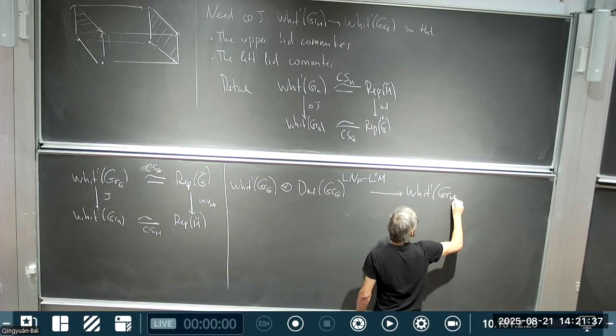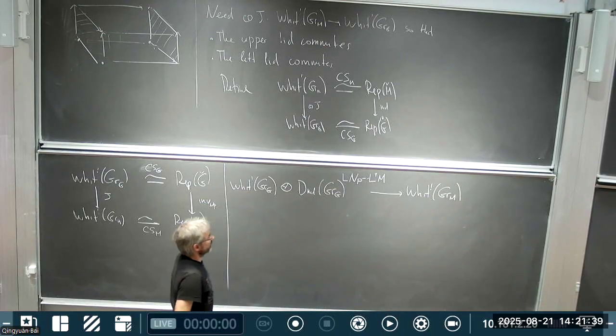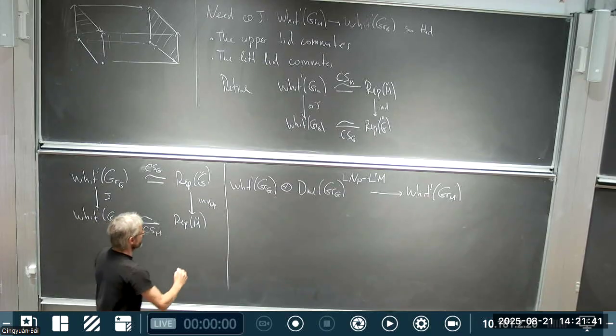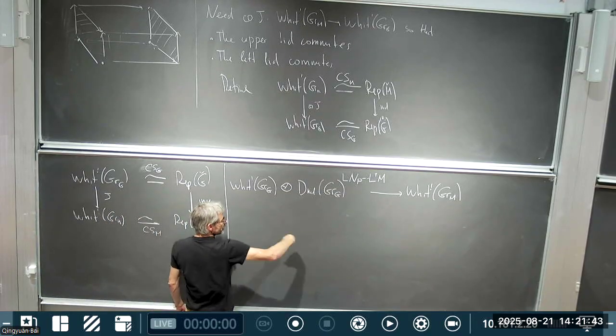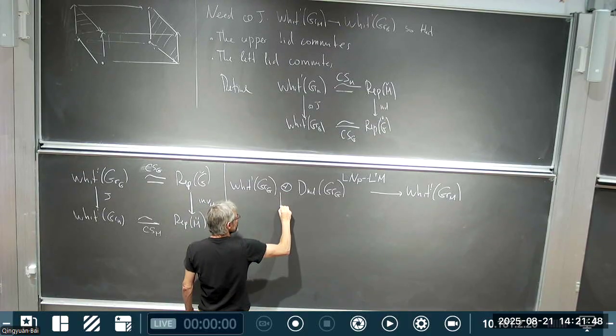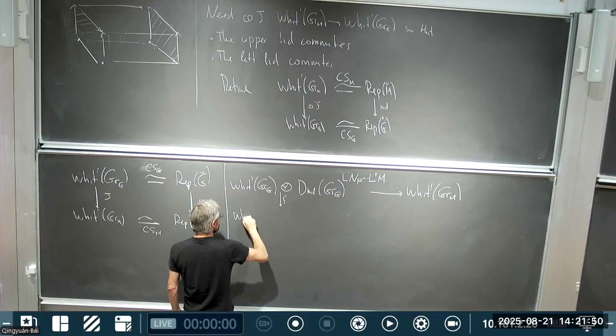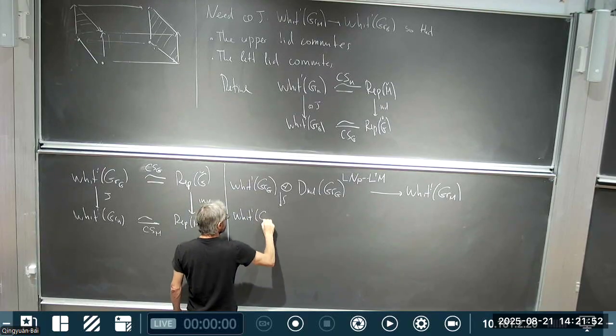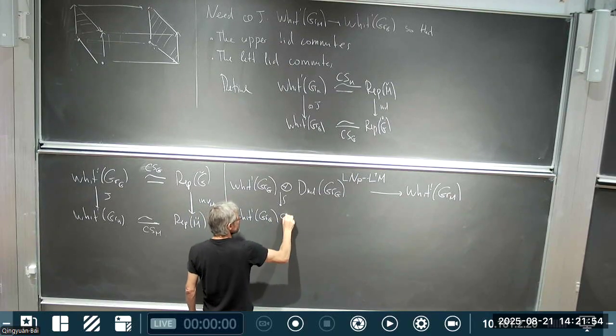So I'll first describe the functor like this. Here's what this functor is. I'll draw a long circuit. First of all, this is equivalent to G, and I'll rewrite this category as follows.